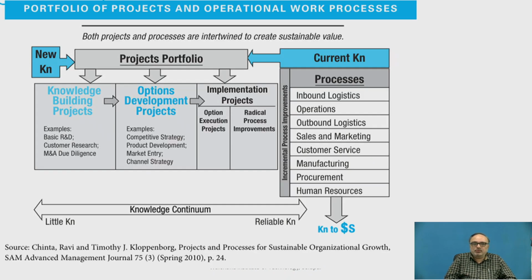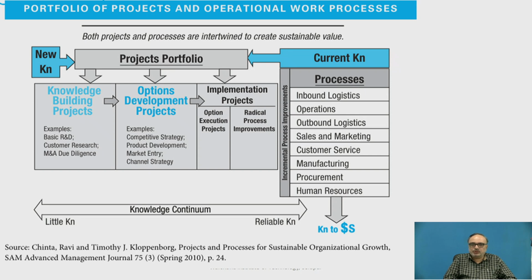So, the portfolio of projects and operational work processes has been defined. There is knowledge building projects, for example, basic R&D, customer research, M&A due diligence, then option development projects. Examples are cooperative and competitive strategy, product development, market entry, channel strategy, and then lastly the implementation of the project, that is option execution projects and radical process improvements.